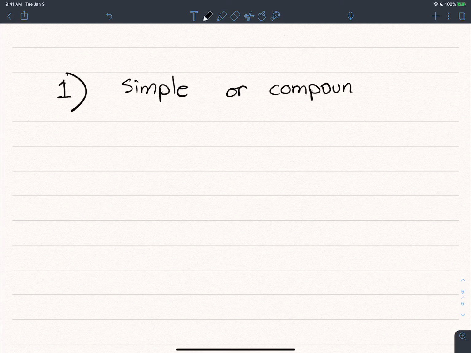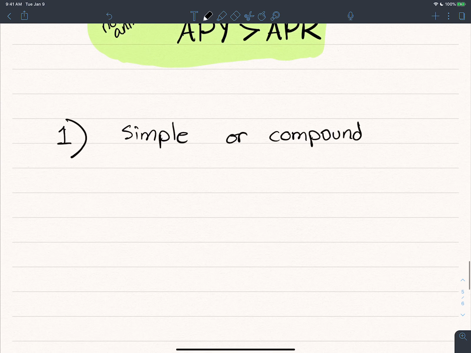And we'll do this like a little flow chart. We're going to start off, and I'll draw it. So the first thing we get here: simple or compound.